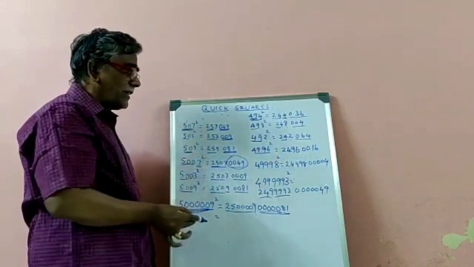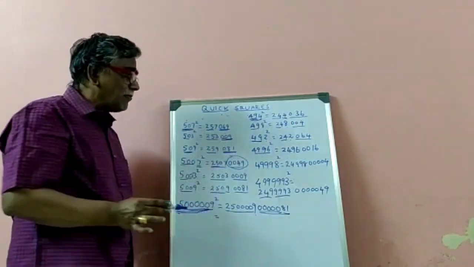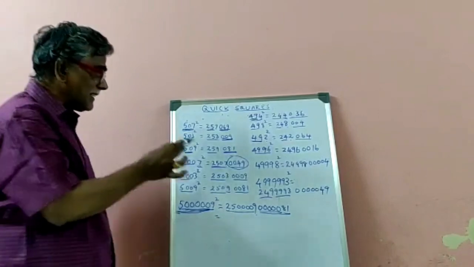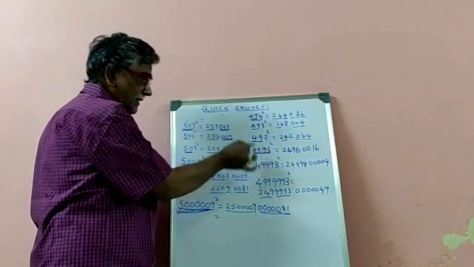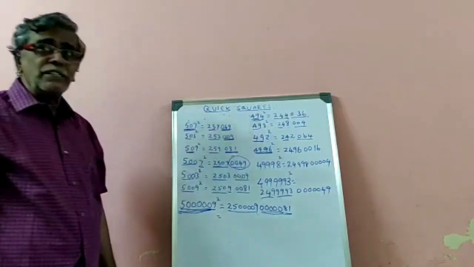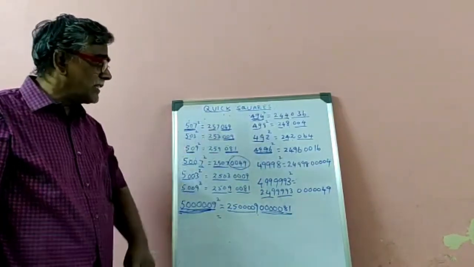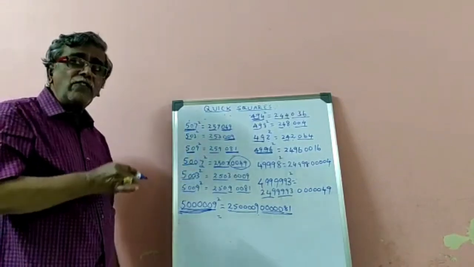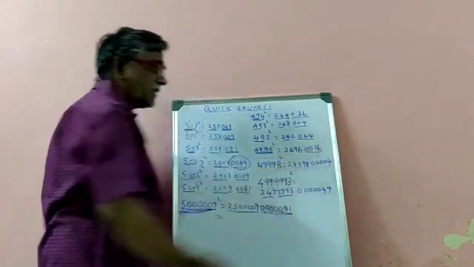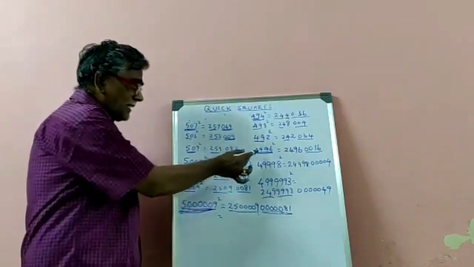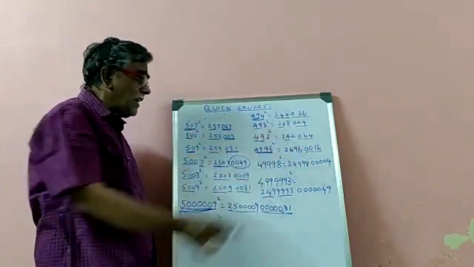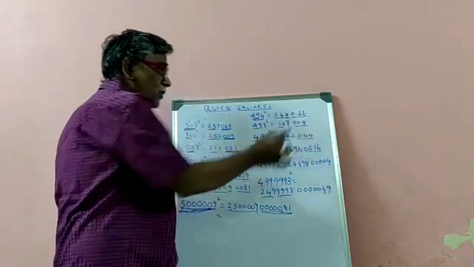Suppose this number is in 4 digits. That is numbers between 4990 and 5000. In this case, 4996 square. Here also, how much less to 5000 this number? This number is 4 less than 5000. So you find 4 square. 4 square is 16. You write in 4 digits 0016. Here it is 4 less than to 5000. You write in 4 digits the square of the digit, that is 4 square, 0016.